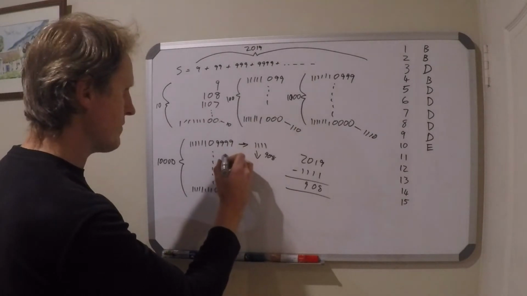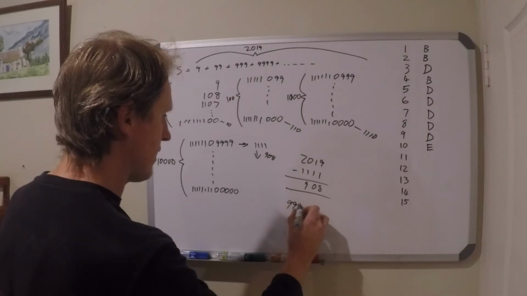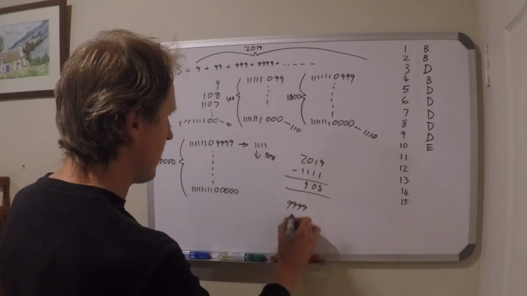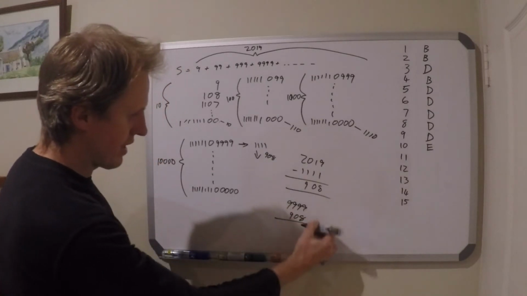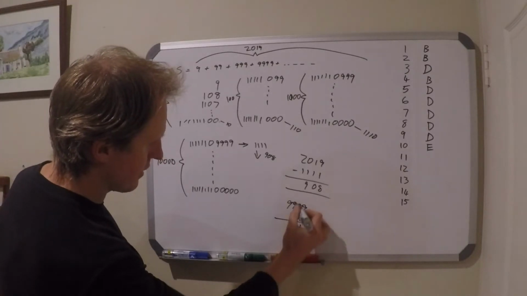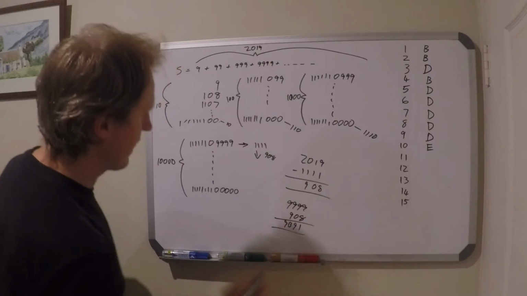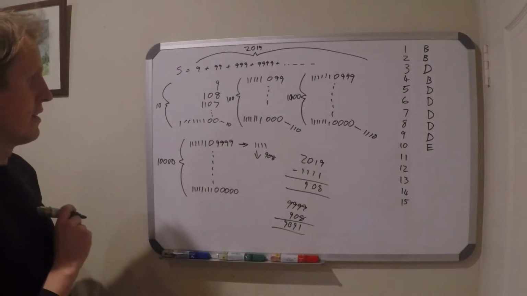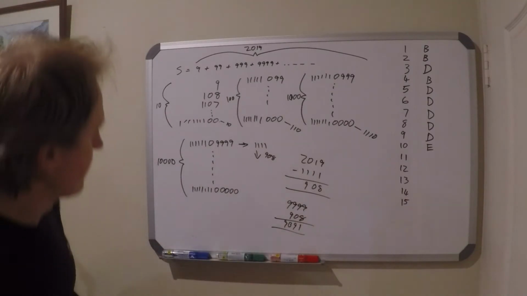So let's do that. 9, 9, 9, 9 minus 908. What do we get? 9 minus 8 is 1. 9 minus 0 is 9. 9 minus 9 is 0. And 9 there.